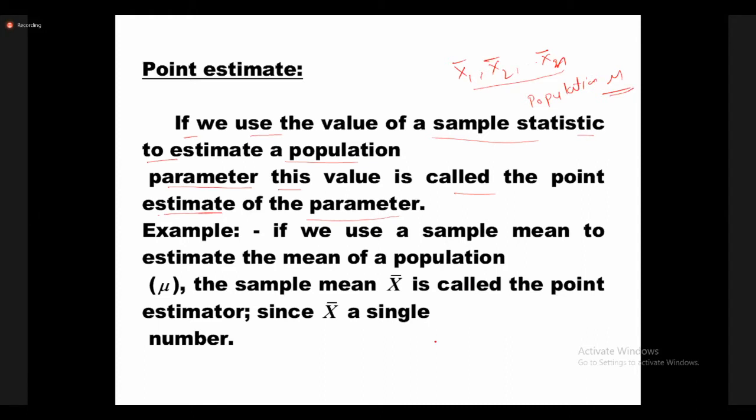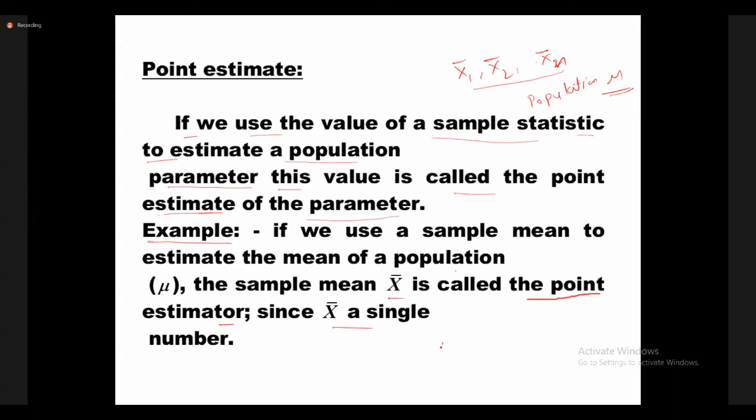See, in the given example, I discussed that point only. If we use a sample mean to estimate a population parameter, the population mean, the sample mean x bar is called the point estimator, since x bar is a single number.